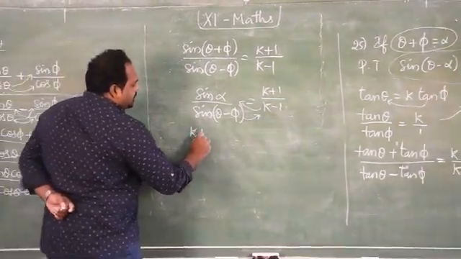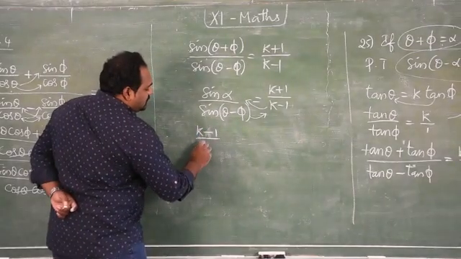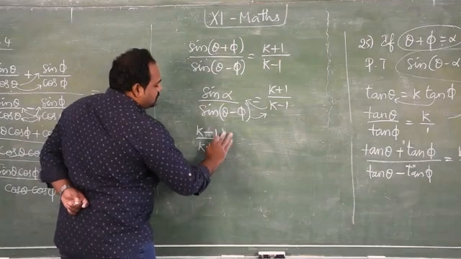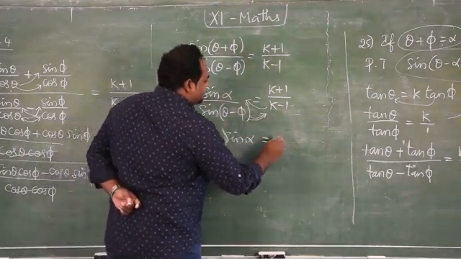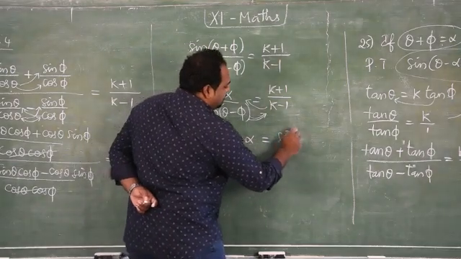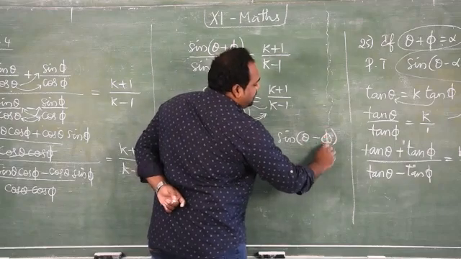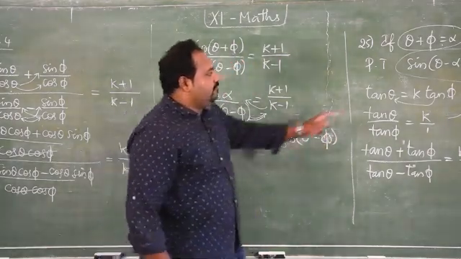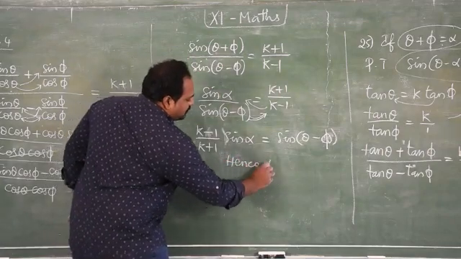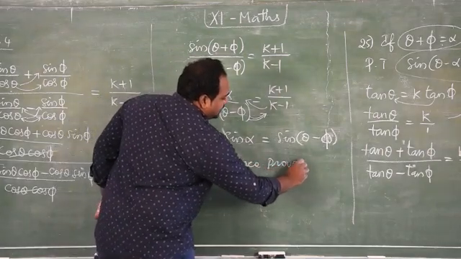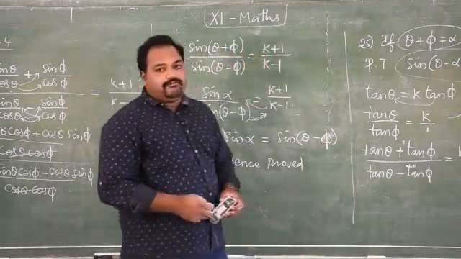So it will be k minus 1 by k plus 1 into sin alpha equal to, if you bring this side, multiplied by sin of theta minus phi, which is the required proof. Hence proved. So by this we can complete our exercise 3.4.